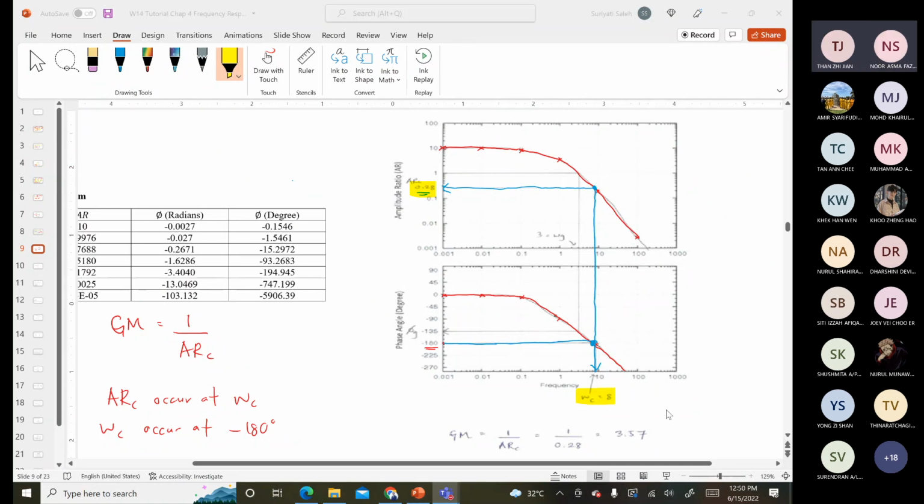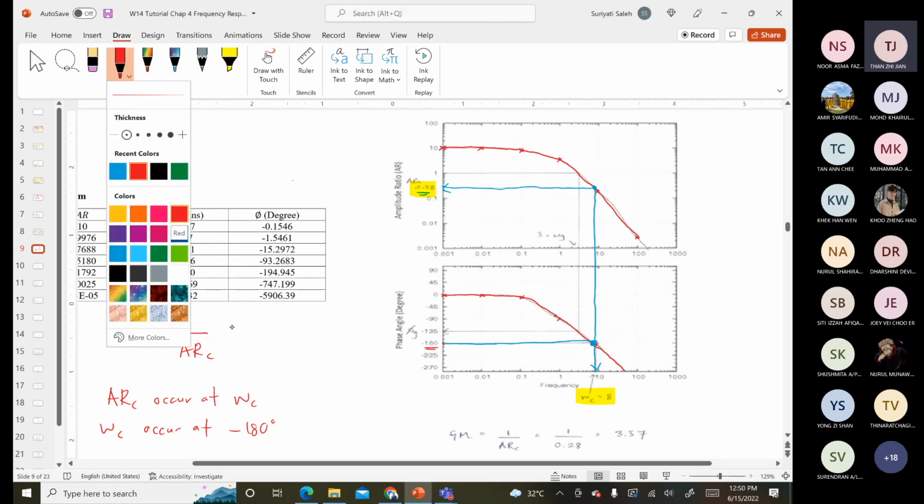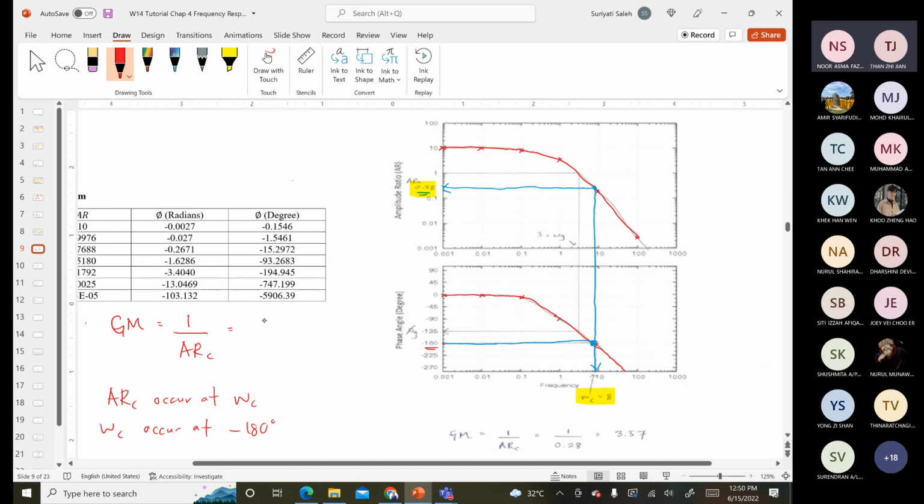So I have the ARC value of 0.28. Then I put it inside my equation, GM equals 1 over ARC. So the GM is 1 over 0.28, which is equivalent to 3.57.